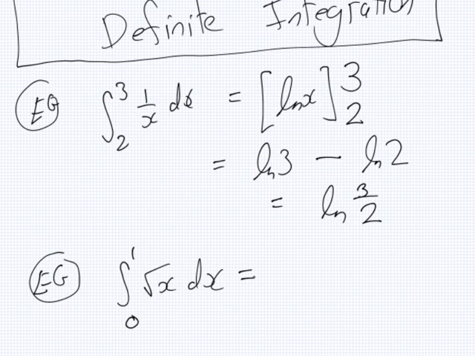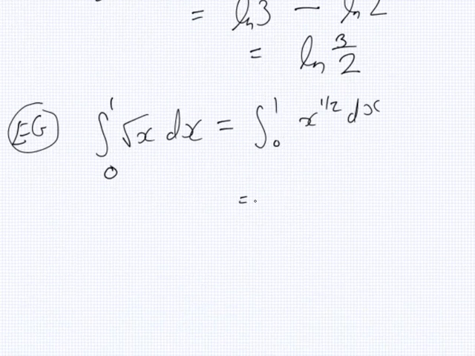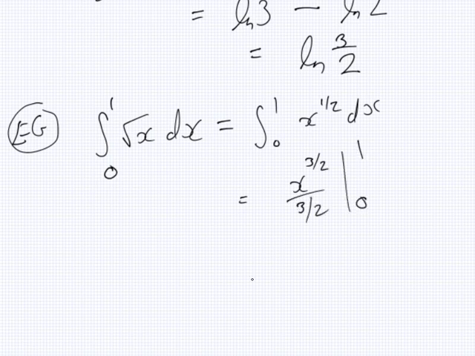Some of you should have answers now. So this is integrate from 0 to 1, x to the power of a half. That will be x to the power 3 over 2, over 3 over 2, from 0 to 1.